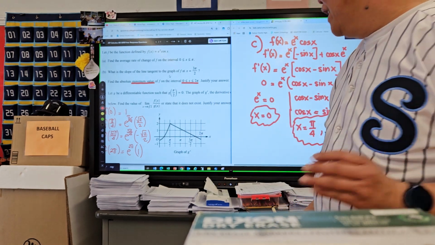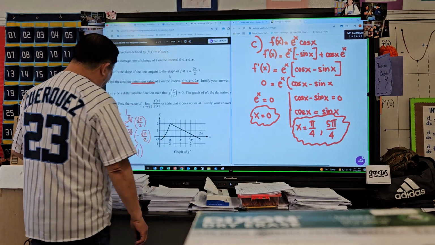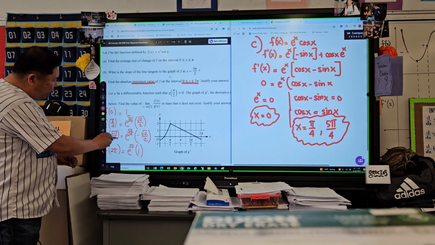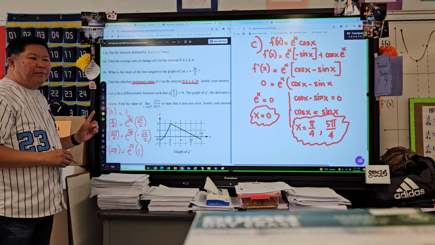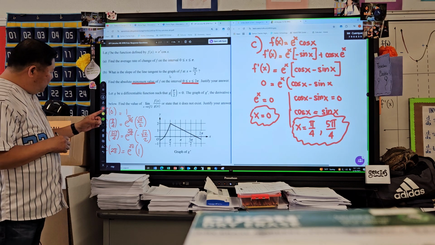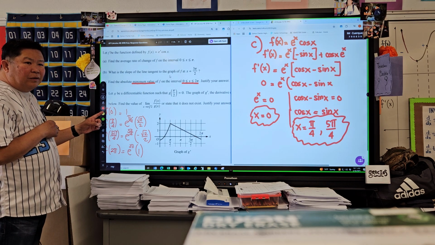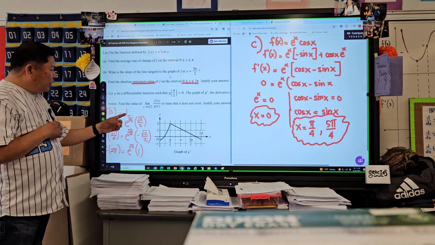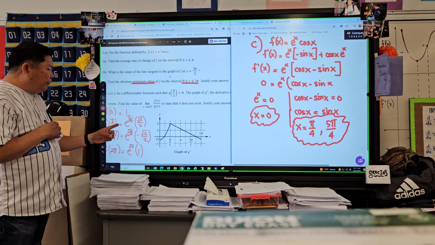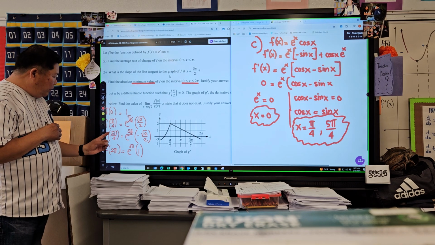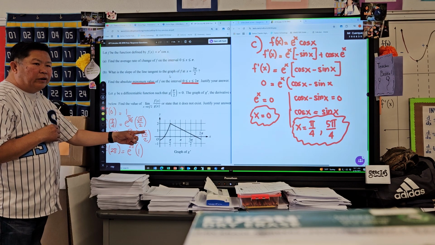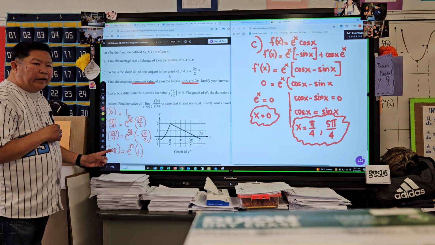Okay, so look at this. Which of these four is minimum? At 0, what is it? 1. What is at pi over 4? Positive. What is at 5 pi over 4? Negative, that's the one. And what is at 2 pi?